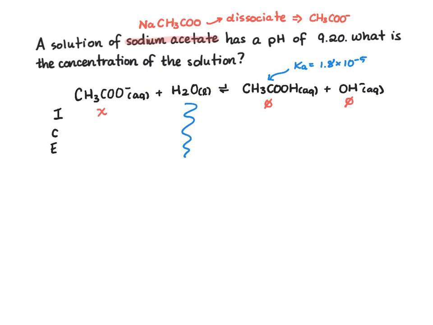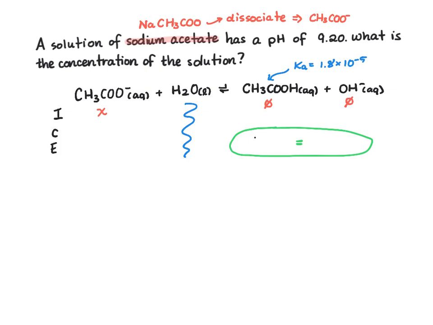Now this is a lot of unknowns in our table, but we're actually going to be able to solve for the equilibrium concentration of both acetic acid and of hydroxide using our pH. So we know that these two are equal. If we ionize one molecule of acetate, we produce one molecule of acetic acid and one molecule of hydroxide.